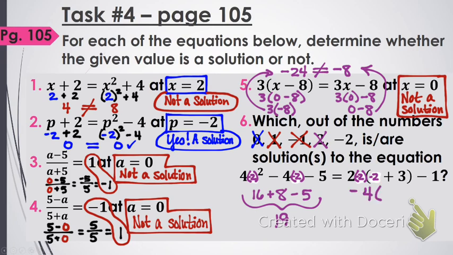Negative 4 times positive 1 minus 1. So negative 4 minus 1, negative 5. Does that one work? So does that mean no solutions? No, it means those aren't solutions.